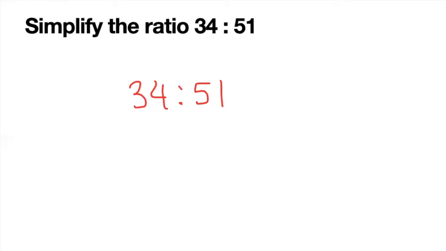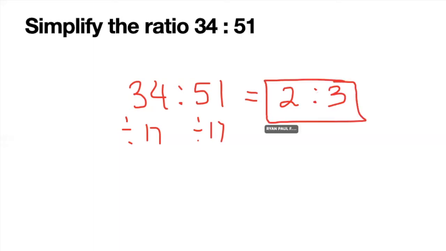So both of them can be divided by 17. Therefore, the answer will be 34 divided by 17 is 2, and then 51 divided by 17 is 3. Therefore, 34 is to 51 in the lowest terms is 2 is to 3.